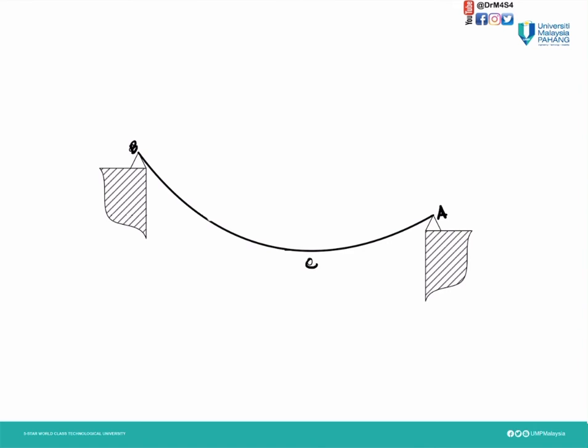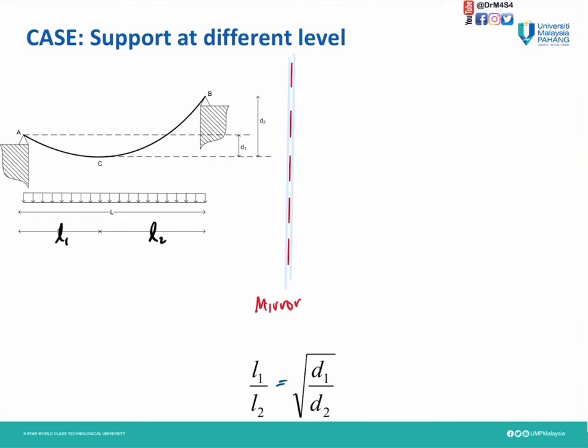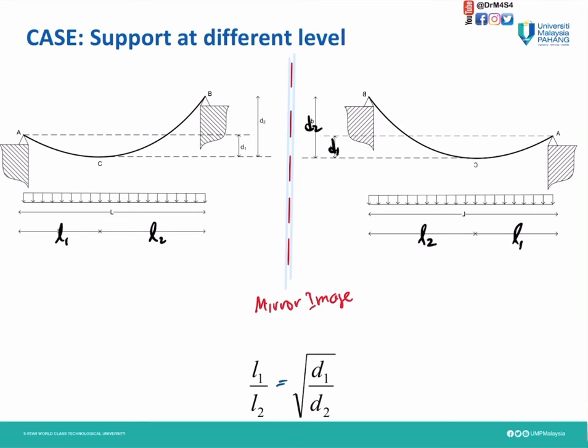How about if our cable looks like this? It's easy. You apply a mirror here, then we're going to have a mirror image of this side. Therefore, we're going to use the same formula as stated before.